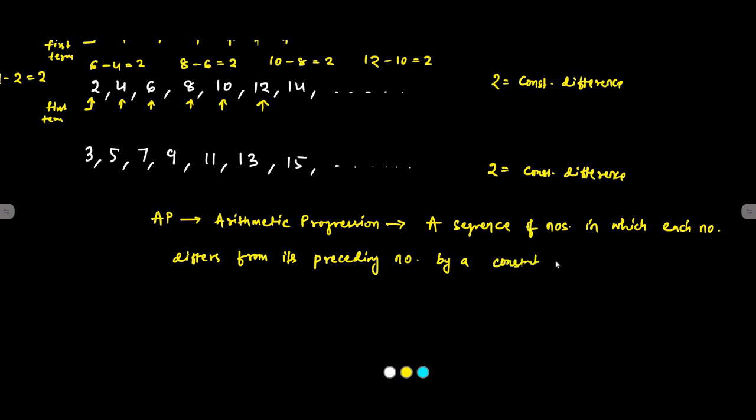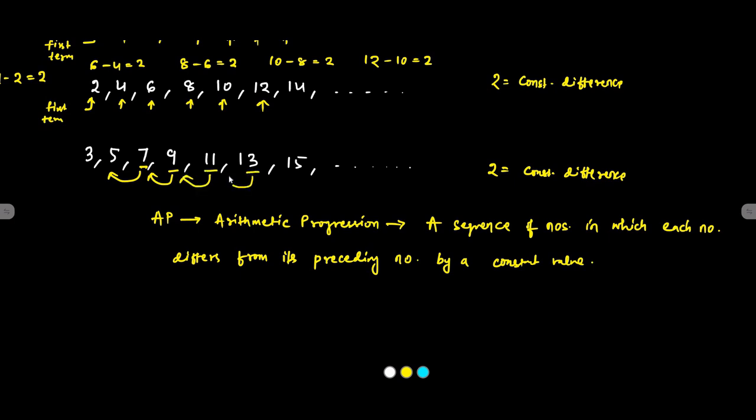Okay, a constant value. Each term or each number, these are called the terms of the sequence, or numbers in the sequence. So every number differs from the previous number by a fixed difference, like this.